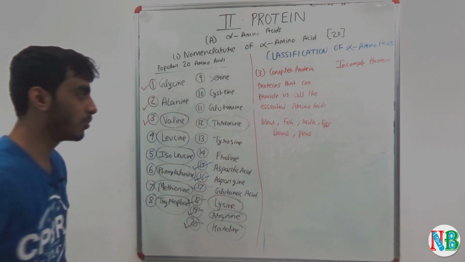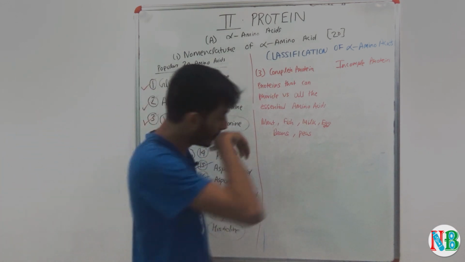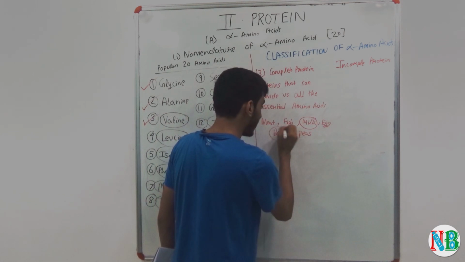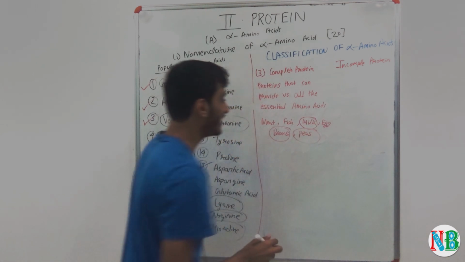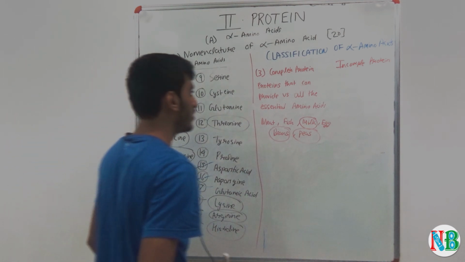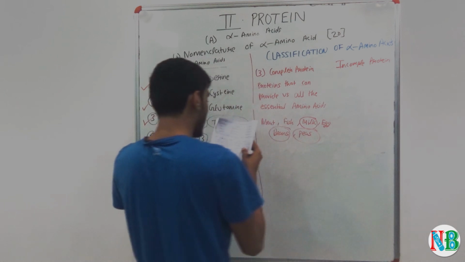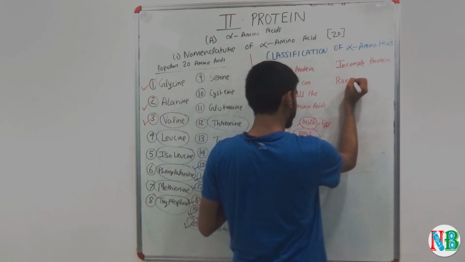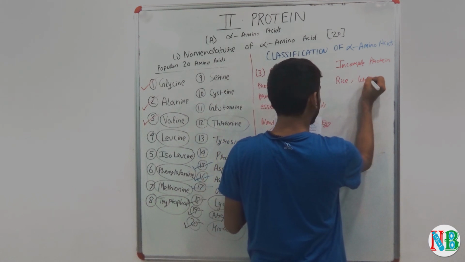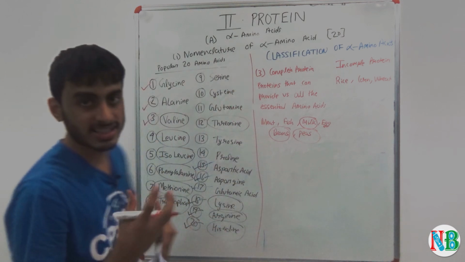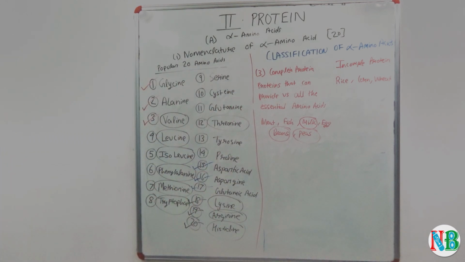So suppose if you don't eat non-veg, you can have milk, beans and peas, because these are complete ones and they contain all the essential amino acids, whereas the incomplete ones are rice, corn and wheat. These have only some of the amino acids essential for you.